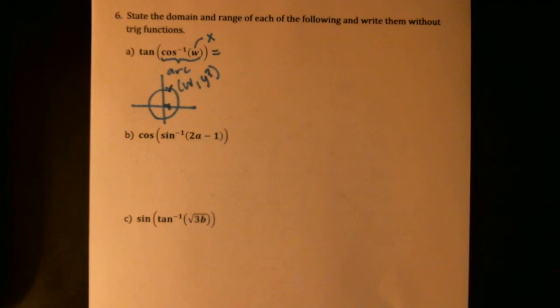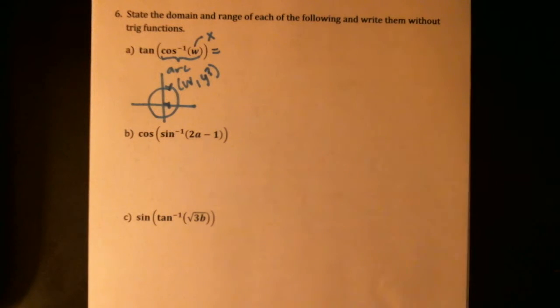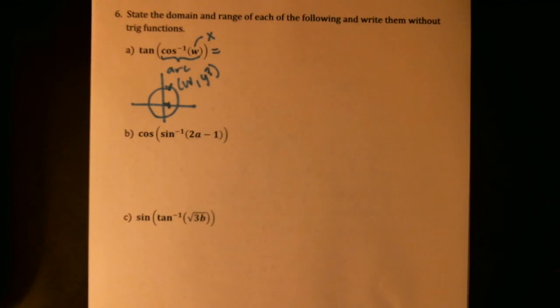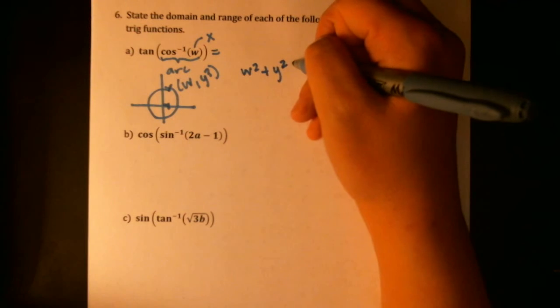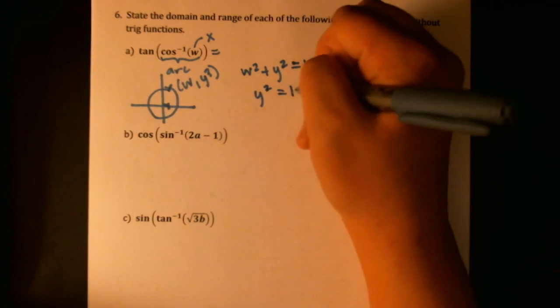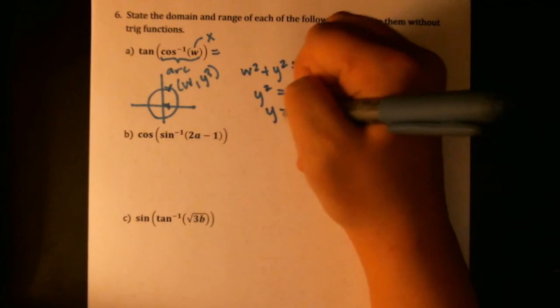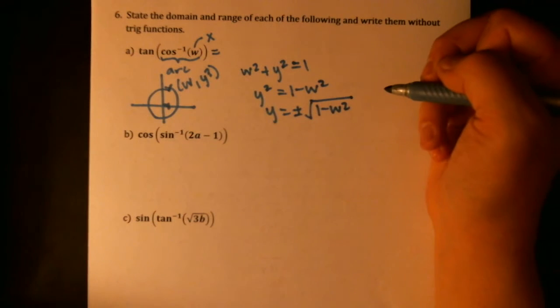So the idea here would be just to practice what we've been doing. So if I give you a variable in the statement, it's fair game to use that variable in your answer, which means I'm expecting the slope to be in terms of w. So we'll just go down to our Pythagorean theorem and say, well, whatever w is, we know if we square it and then add it to y squared, we get 1, which means y squared is 1 minus w squared, and y is plus or minus the square root of 1 minus w squared.